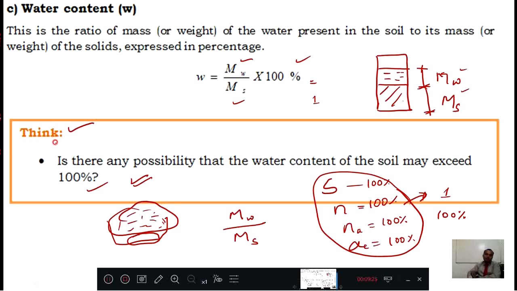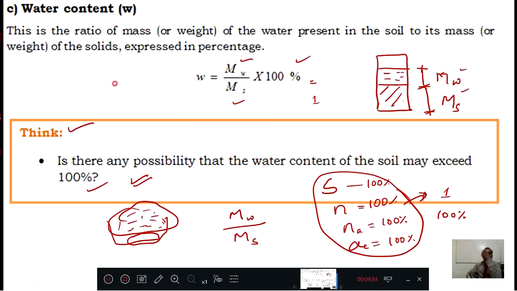But when you come to the water content, you may expect more than 100%, because here they are just comparing the mass of water and the mass of solids. These two are independent variables in the three-phase diagram, but in the other cases they depend on the numerator and denominator. Therefore those cannot exceed 1 or 100, but water content can exceed 1 or 100. You need to remember this.